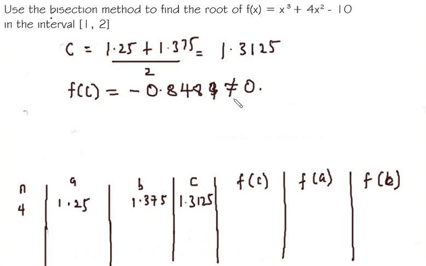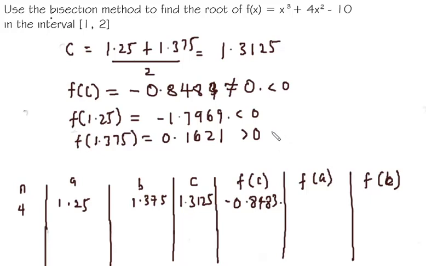So we need to find f of a, f of b. So f of a, which is f of 1.25, is equal to minus 0.8483. Okay, so c will be replacing a.